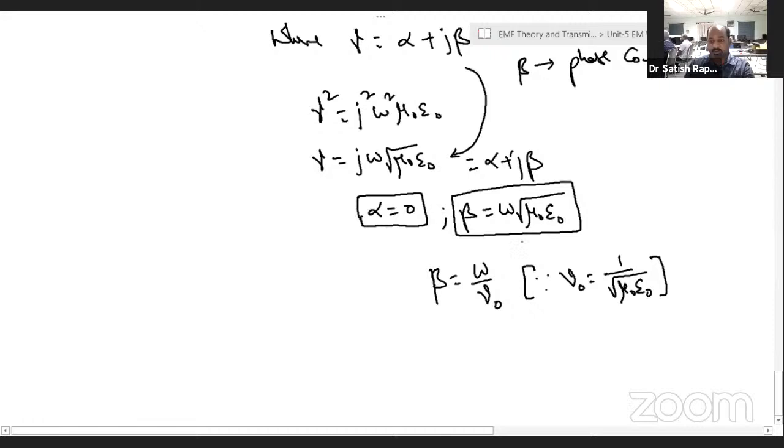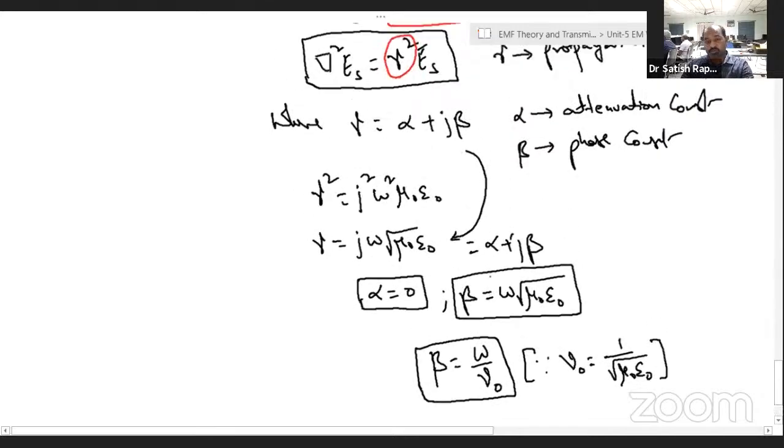Therefore beta is equal to omega by v naught. So this is the phase constant. Attenuation constant alpha is 0 and phase constant beta is equal to omega by v naught. So the phase constant is directly proportional to frequency and inversely proportional to velocity.